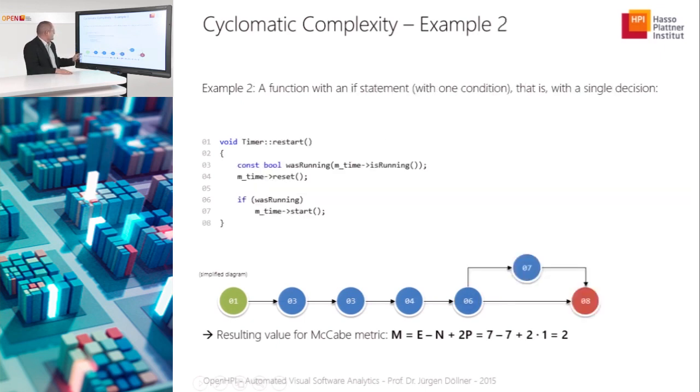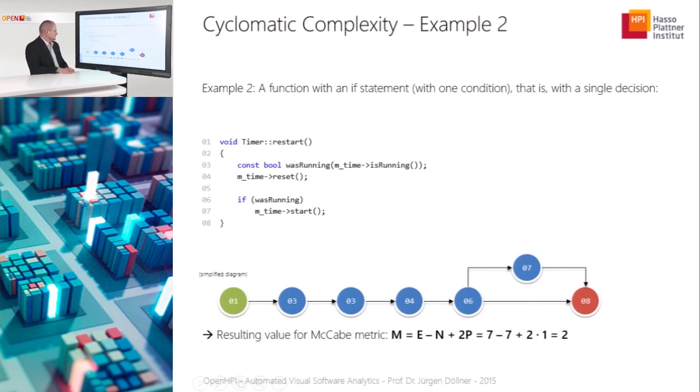Another example. In the implementation shown here, we have an if statement. That's a key difference to the last example. The control flow that corresponds to this implementation consists, once again, of an entry point, an exit point, some decision points in between, and the if statement that represents a branch in the control flow.